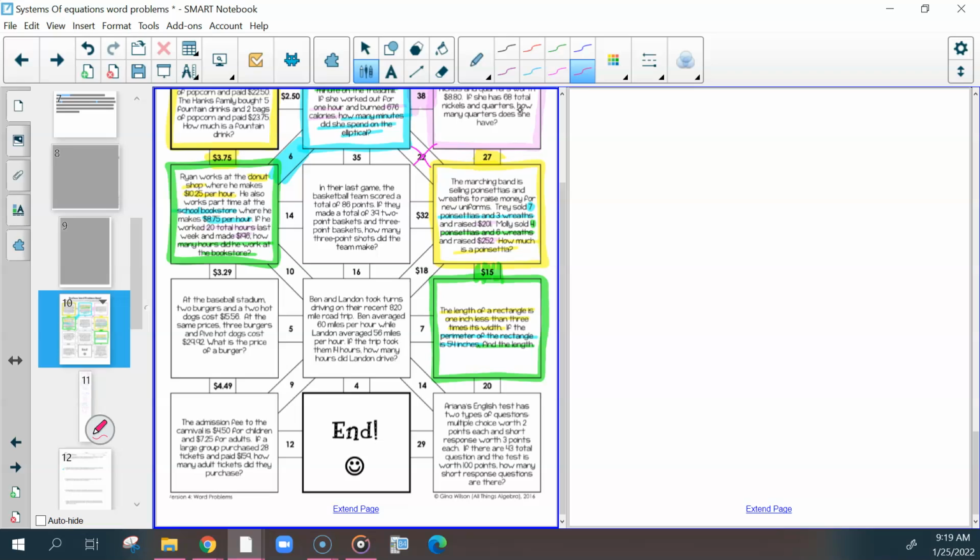The length of a rectangle is 1 inch less than 3 times its width. How would we set up that equation?